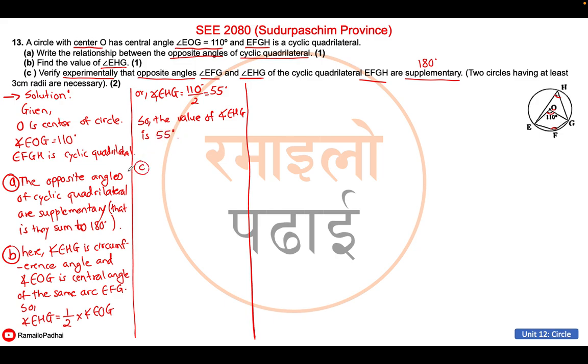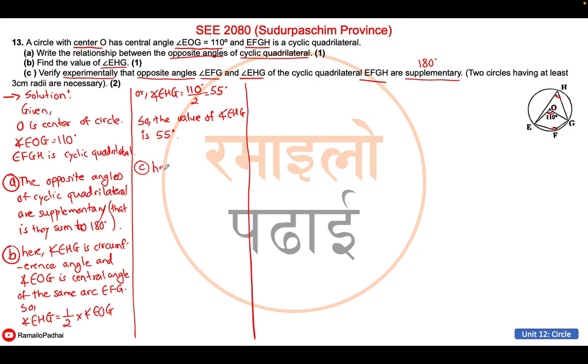Now let's move on to question number C. We need to verify experimentally that opposite angles EFG and EHG of cyclic quadrilateral EFGH are supplementary. So we will make cyclic quadrilateral EFGH in two circles having radius greater than 3 cm.